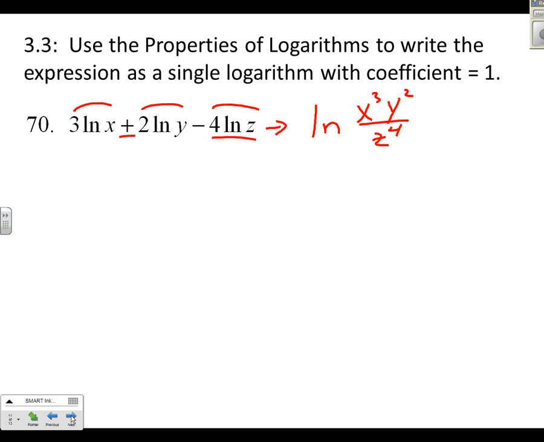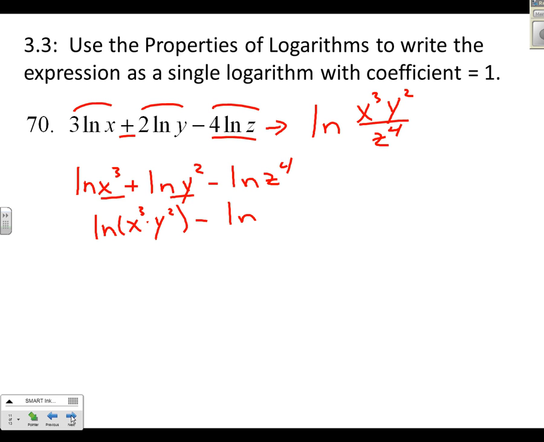But if we want to go through step by step, this could be ln x cubed plus ln y squared minus ln z to the fourth. And that could be ln of the sum becomes a product within the ln function, x cubed y squared. And then the difference becomes a quotient.